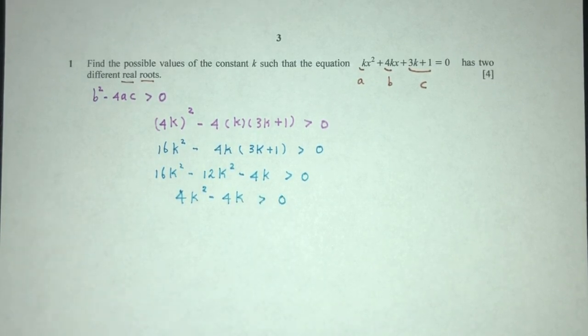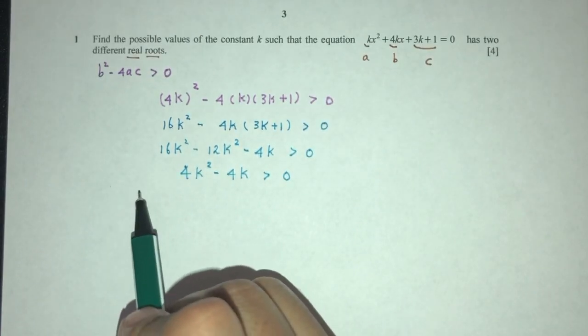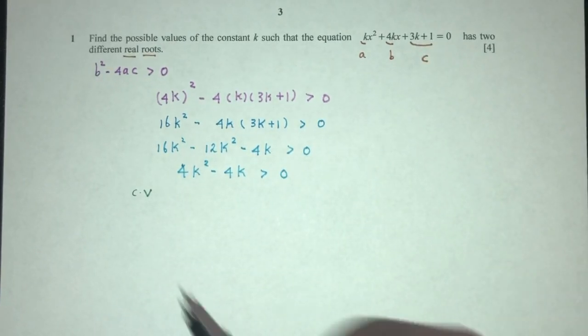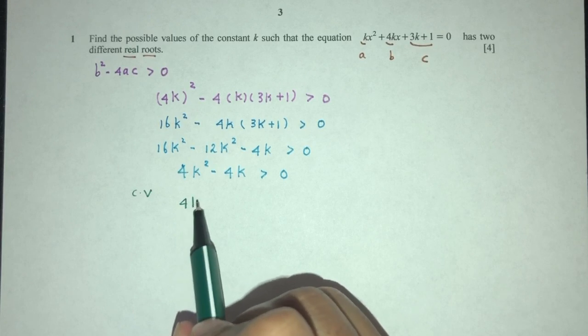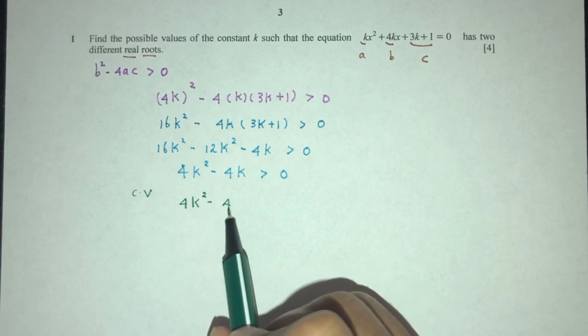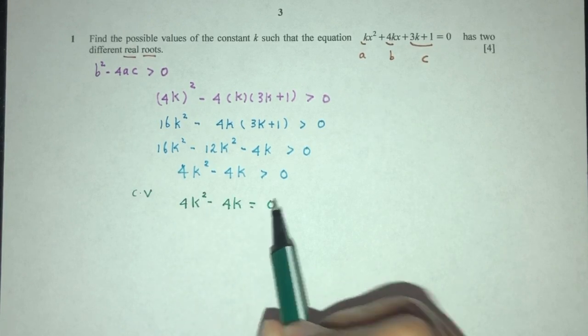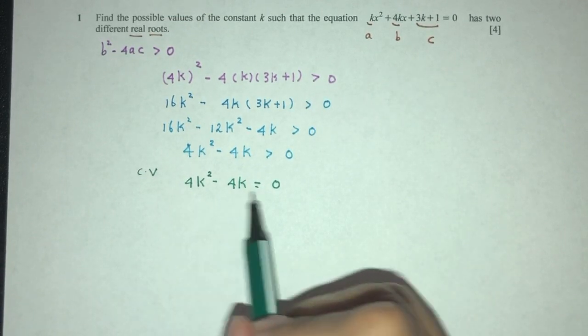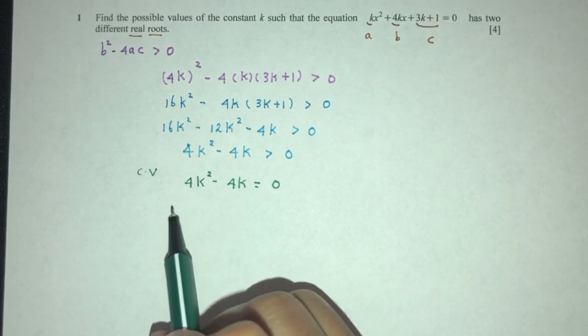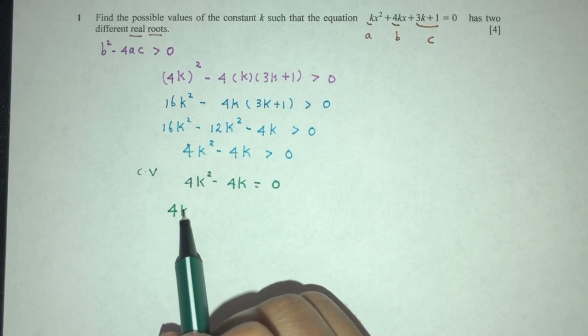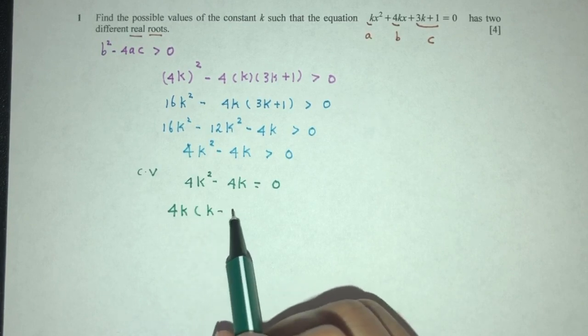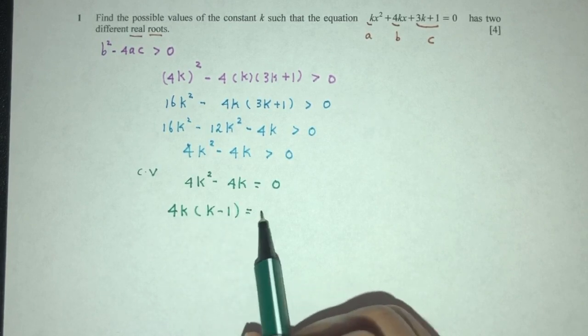Now, we know how we should solve this inequality. Pretty easy. We first have to find the critical values of k. So it means that we just take the same equation and equate that to 0. Now, we have to solve this by using factorization. So I know 4 is common, k is also common. You will have 4k times k minus 1 equal to 0.